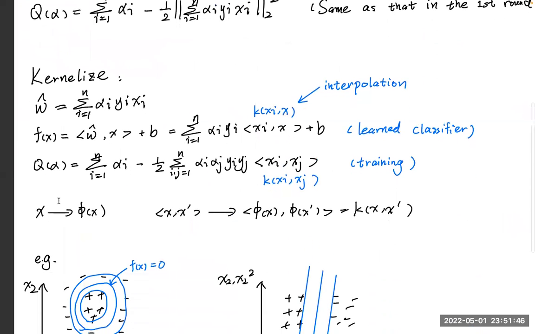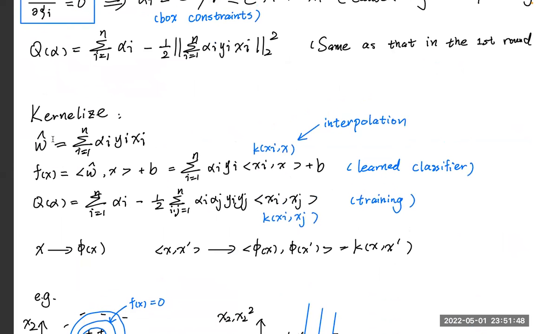And then we can also write this Q alpha, just as we did before, summation alpha I minus 1/2 of the inner product between summation I from 1 to n alpha I yi xi, and summation j from 1 to n alpha j yj xj.